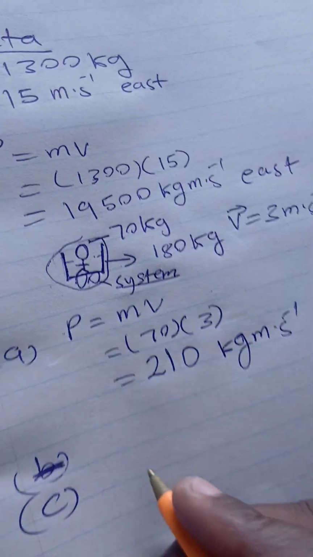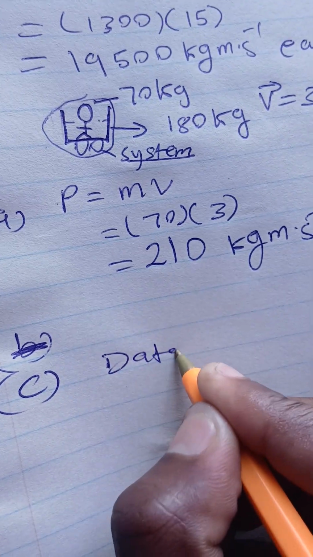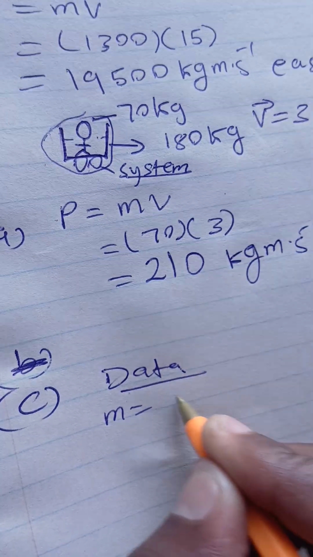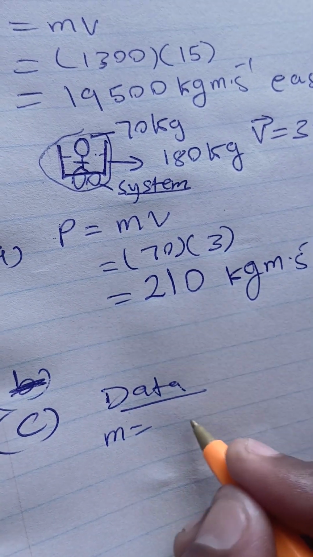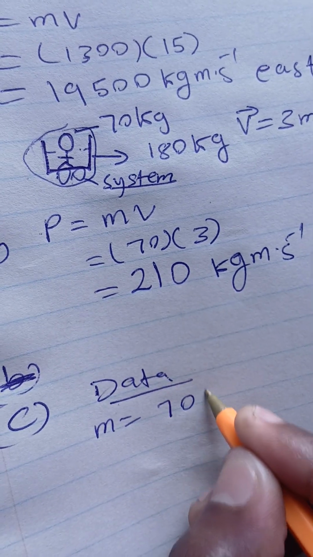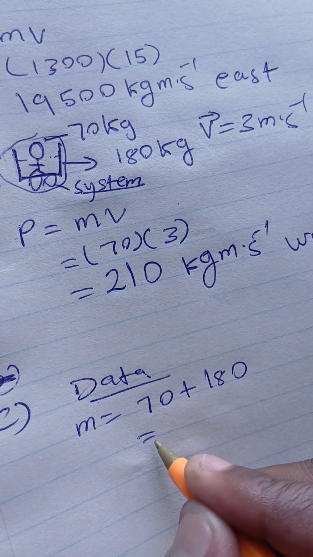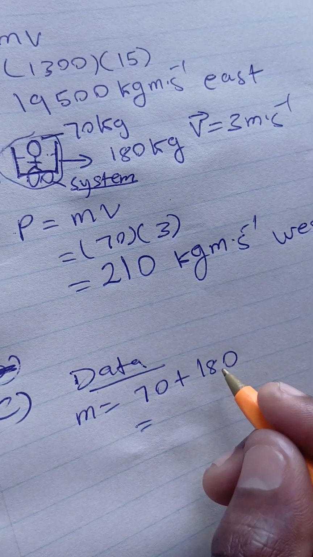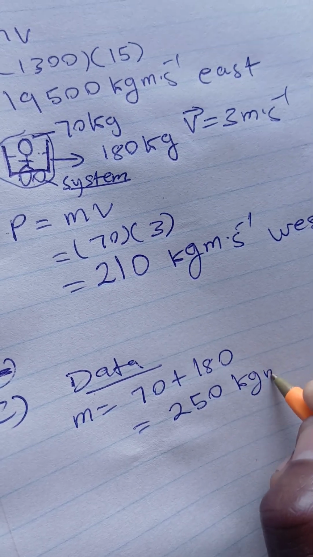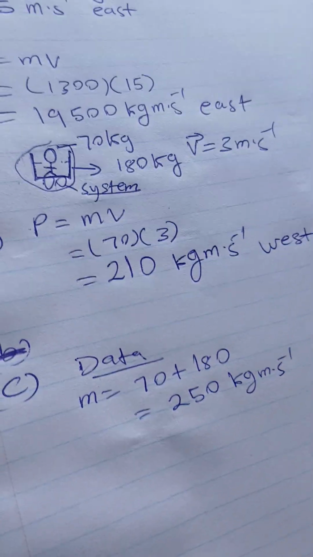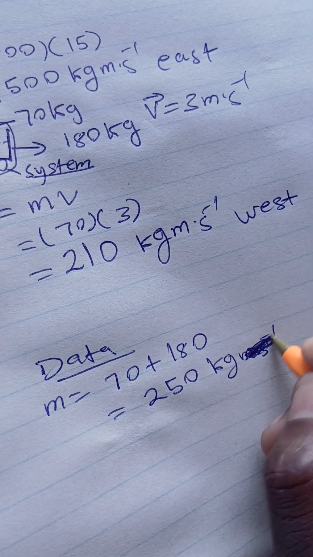So we first have to write our data. Our mass will be, because we combine them, if you say something is a system, you combine everything there. So we have 70 plus 180, so this will be 250 kg. I'm just writing mass here, not the units of momentum.